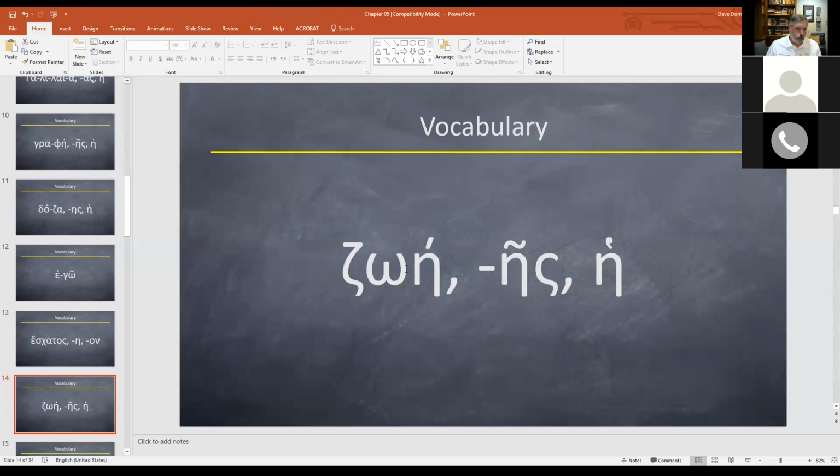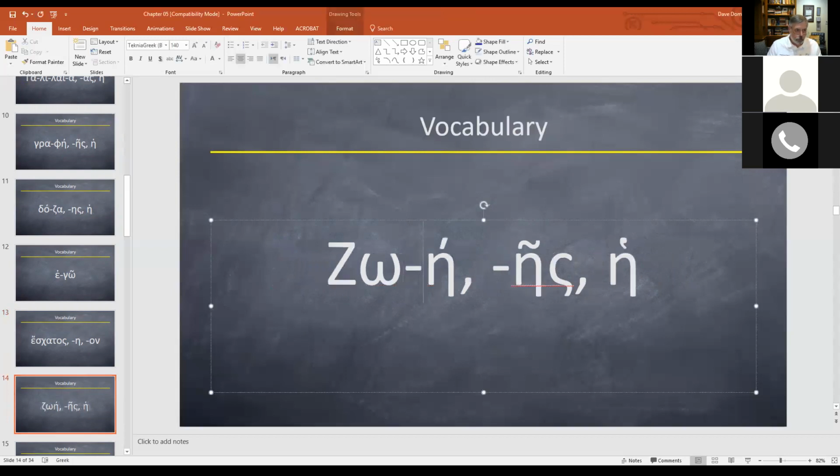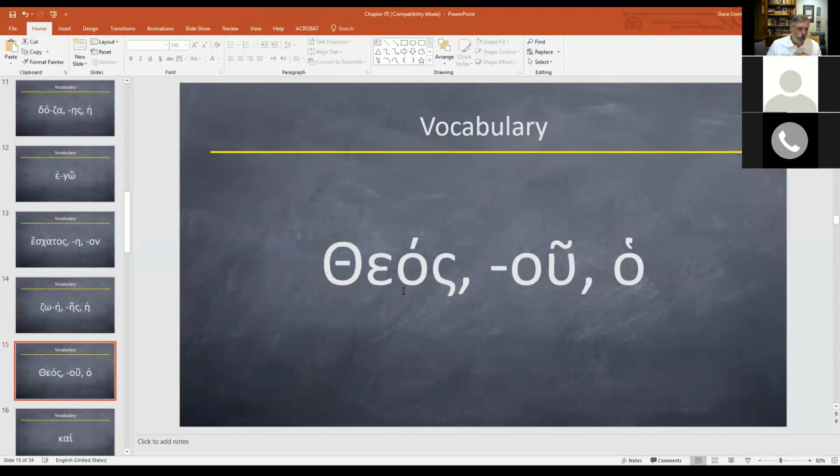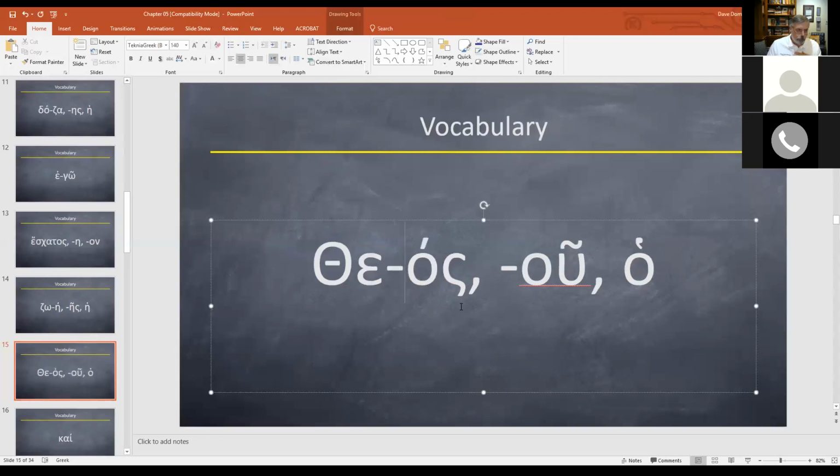It's pronounced with two vowels, and we separate them, zoe, and there's the accent, so it's zoe. And then this is theta, eta, and we would separate the two vowels because they're not diphthongs. And so this is theos. The accent is in the second syllable, so it's theos. And what would theos mean?